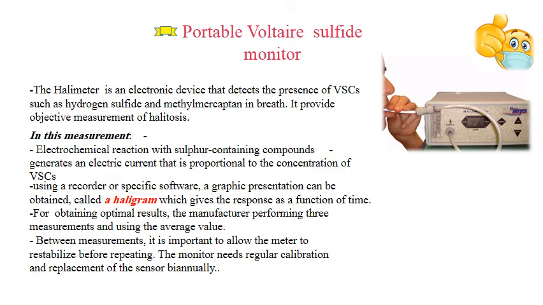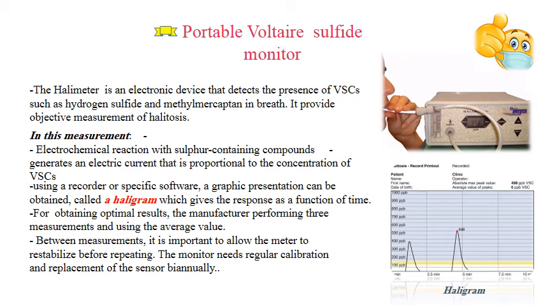Using a recorder or specific software, a graphic presentation can be obtained, which is called a halogram. This provides the response as a function of time. For obtaining optimal result, the manufacturer recommends performing 3 measurements and using the average value. Between measurements, it's important to allow the meter to restabilize before repeating. The monitor needs regular calibration and replacement of the sensor biannually.